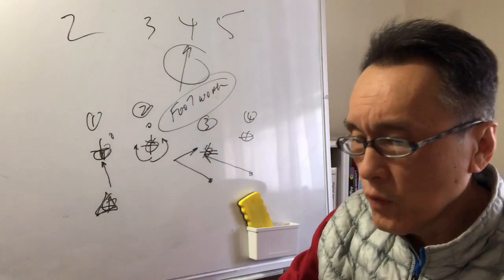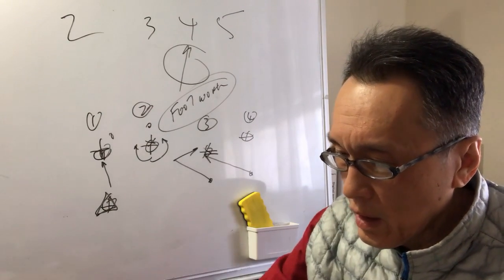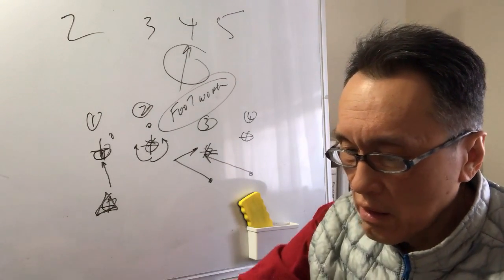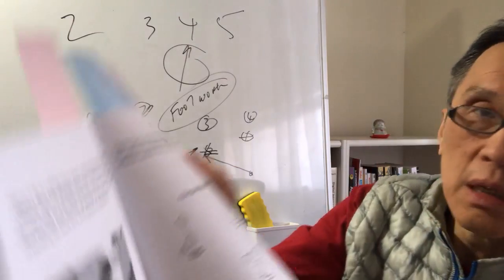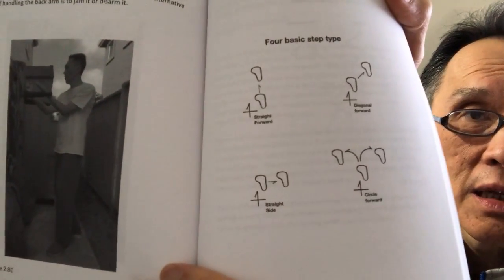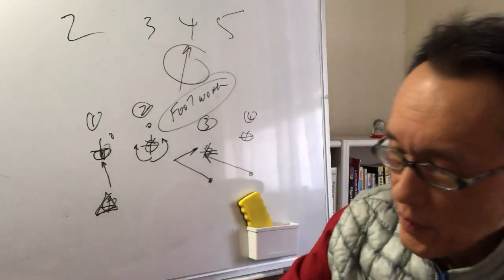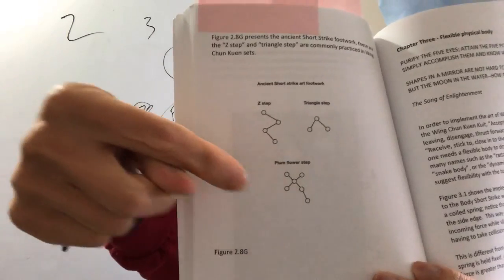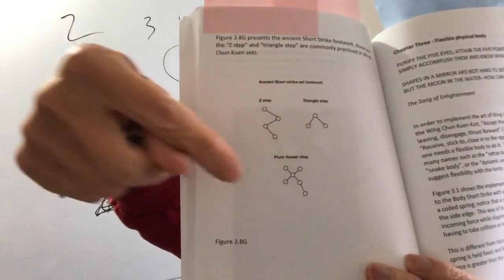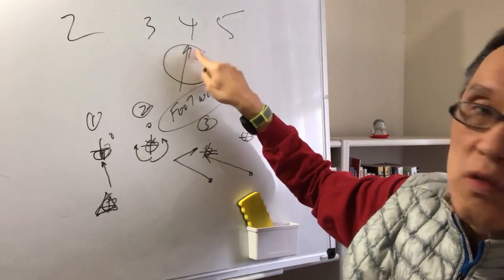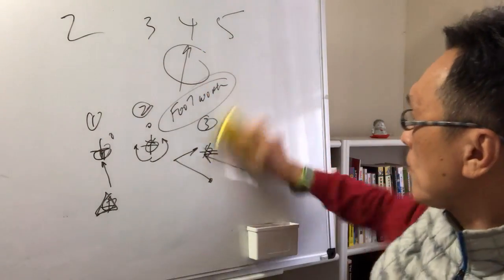So those are footwork, and of course you have the classical ones, and then the triangle shape, the plum flower, those kinds of stuff. So it belongs to 4.